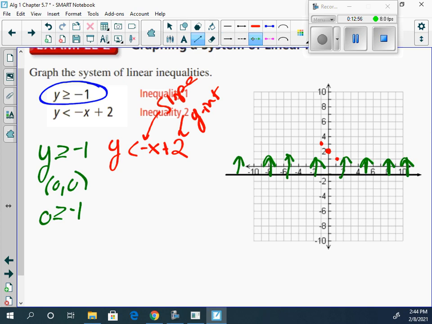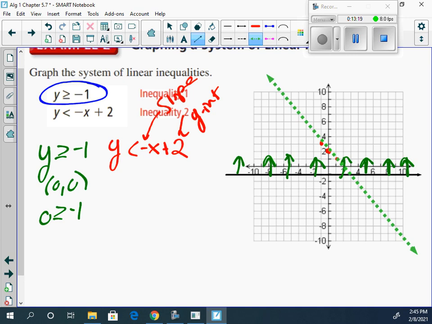Then if we graph this line, we get something like this here. And it is dashed because it is not equal to. And is this going down? Do we have a negative slope? Because as we go from left to right, it is decreasing, it is going down, yes?